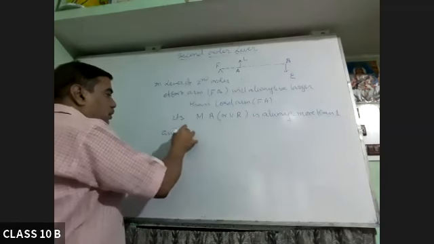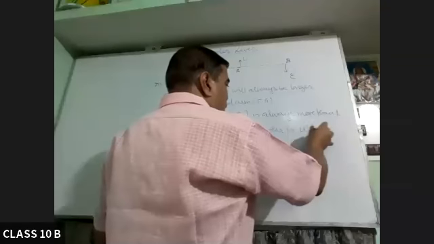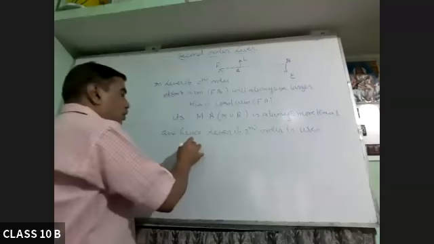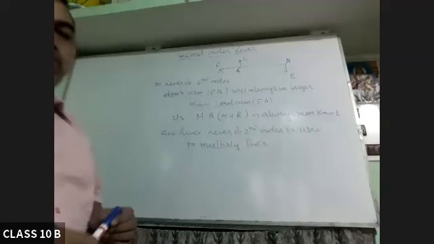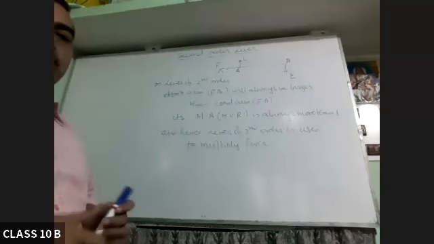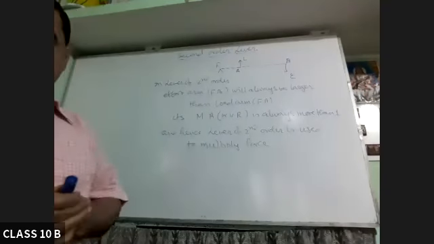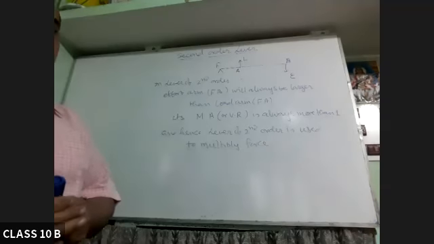And hence, lever of second order is used to multiply force. There is no other purpose of second order lever. It is used only to multiply force, no other purpose.